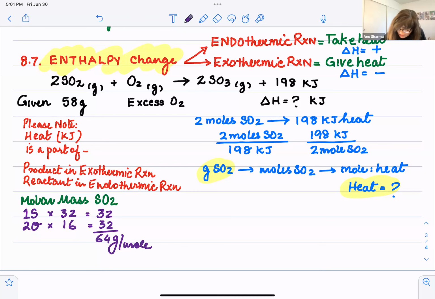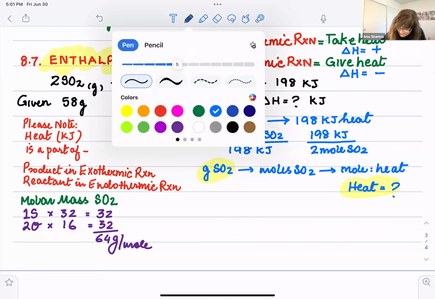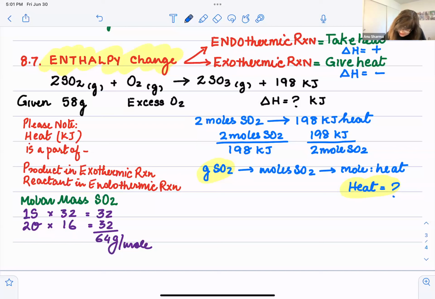So all you need to do now is write down the 58 grams of sulfur dioxide times 1 mole of sulfur dioxide over 64 grams of sulfur dioxide. Multiply that by the mole-to-mole ratio.